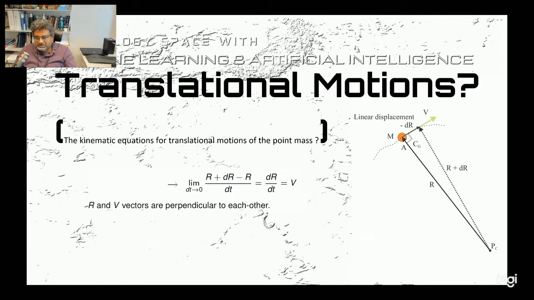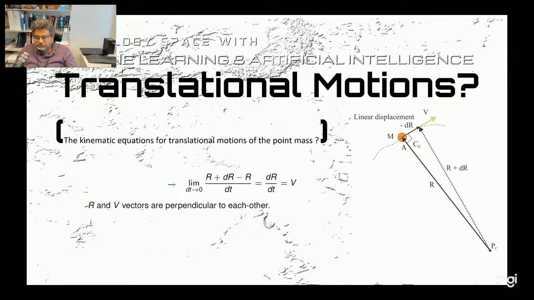So the linear displacement is the final displacement vector, r plus dr, minus the initial displacement vector, r, and that whole thing divided by the time interval dt. When r and r cancel, you end up with the equation dr over dt equals v, where v is the velocity vector of this point mass.